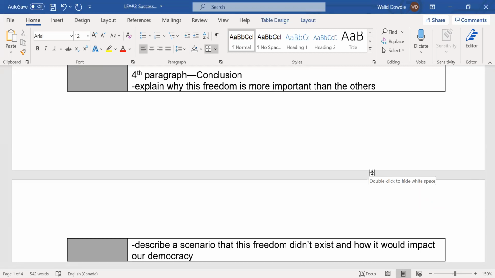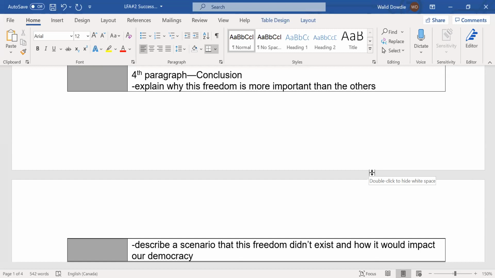So if you argue that freedom of assembly is the most important one, in the end you would talk about a society without freedom of assembly, which means that people cannot gather to voice their political opinion, to register dissent against the government, to express the will of the people so the government can change and pivot. Right? Without that, you have basically people doing what they want when they want, without worrying about people outside the government yelling at them.